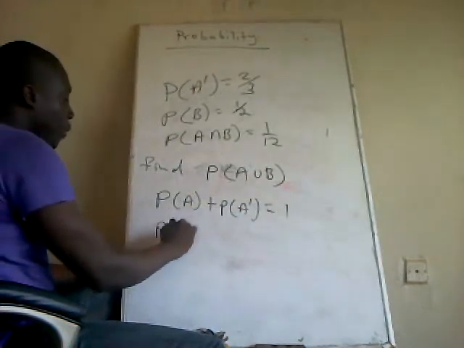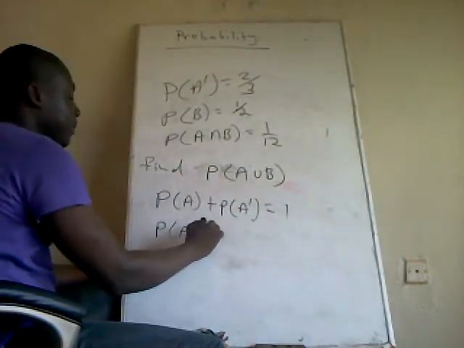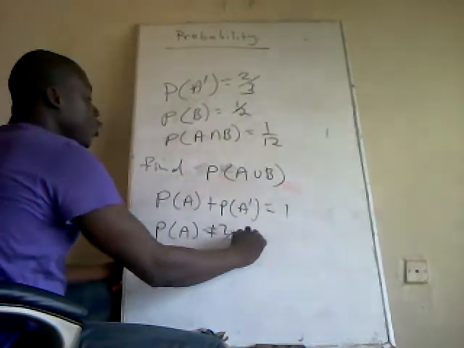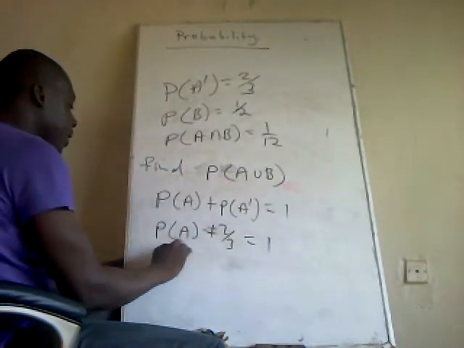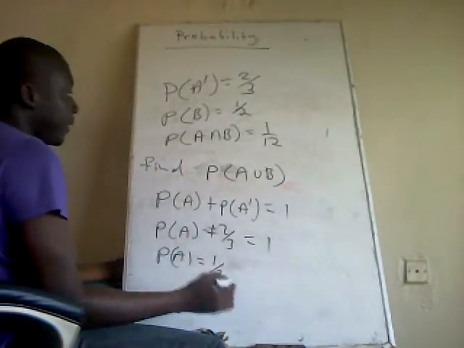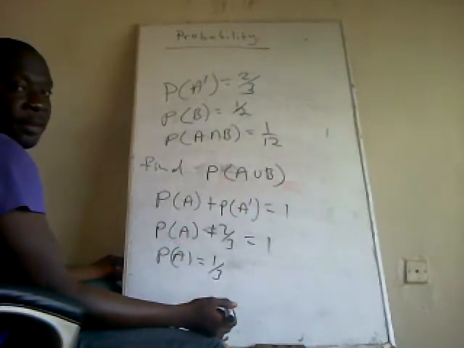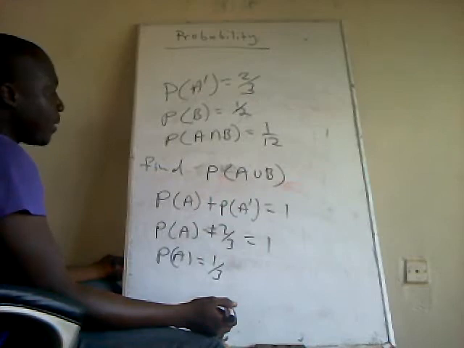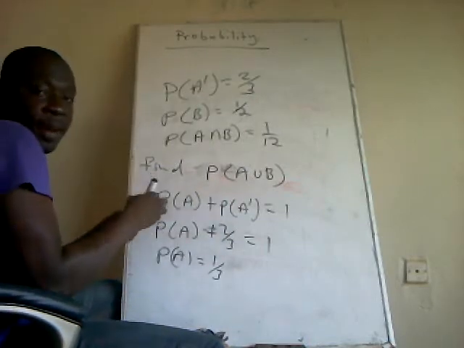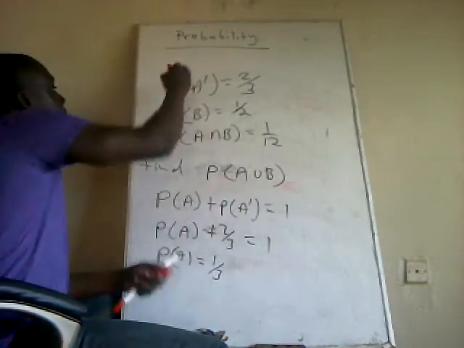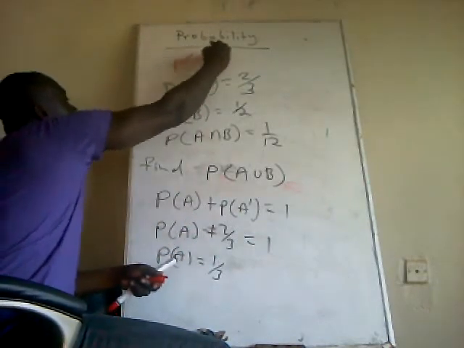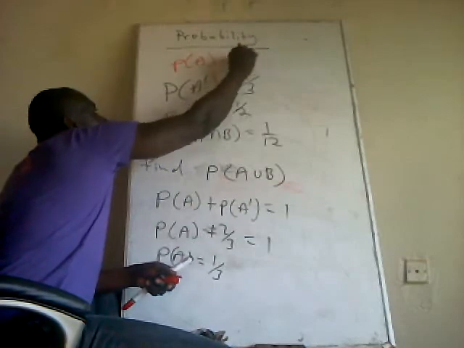So it means that probability of A plus 2 over 3 should give us 1. So probability of A is equal to 1 over 3. I hope you got that. Probability of A is equal to 1 over 3. Now let me put it up here. Let me use ink to show we found it. So probability of A therefore is 1 over 3.